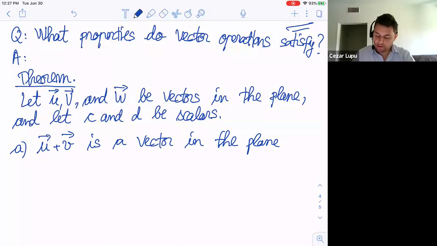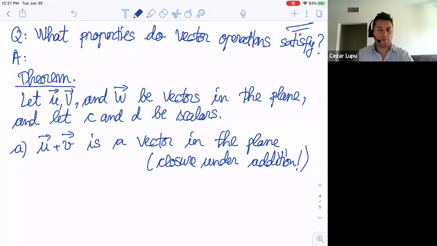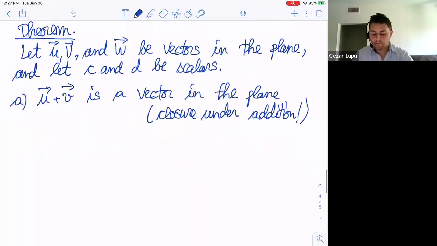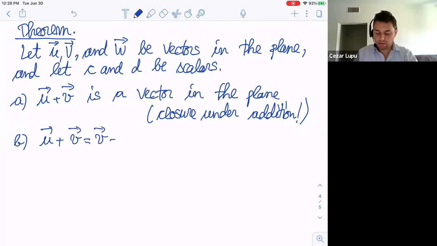In other words, this means that we have what we call closure under addition. This is very important because this operation is a must for further properties to hold true. Then B: when you add u plus v, the addition is commutative. It doesn't matter which way you add them.